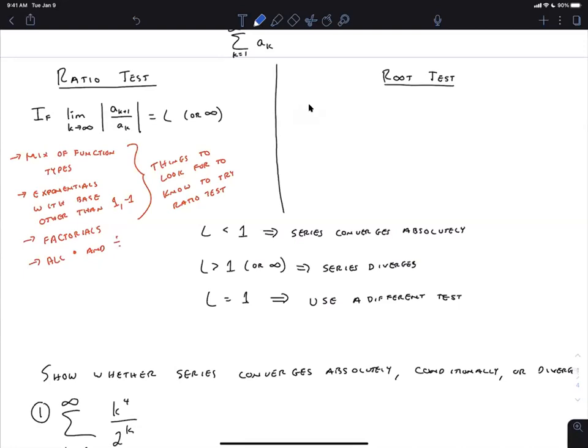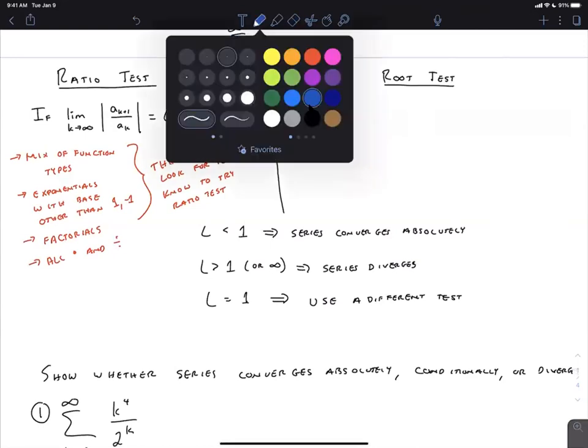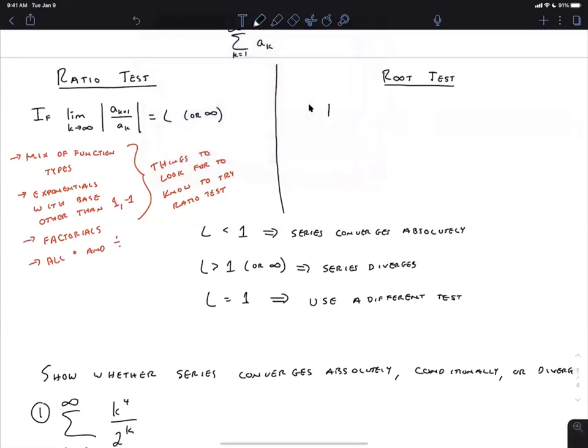Okay, so I want to talk about the root test. Let's make it match just because I think it'll look better.